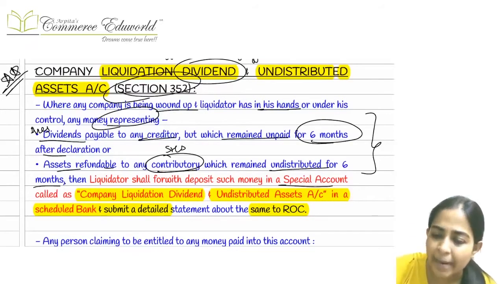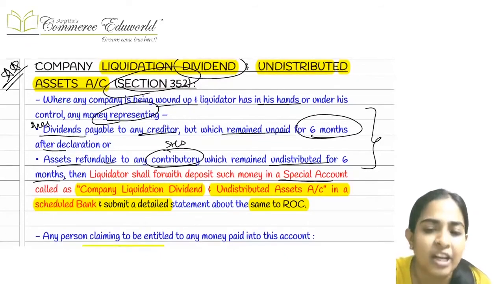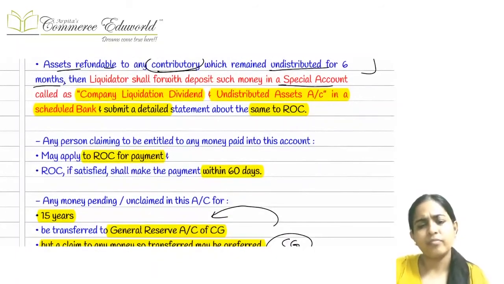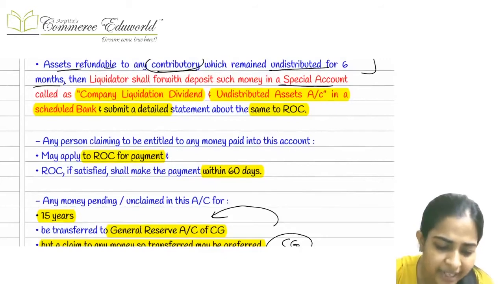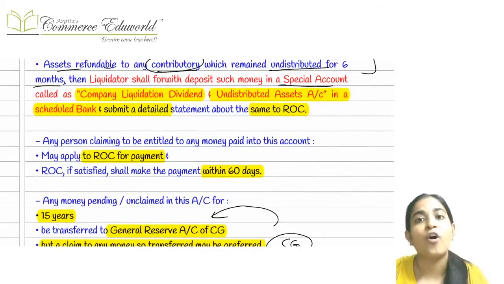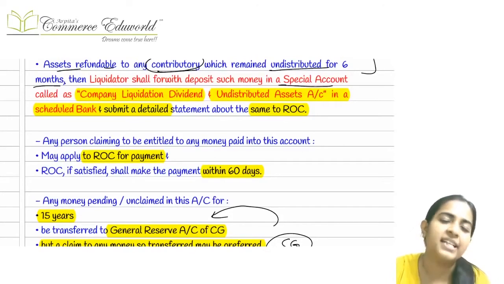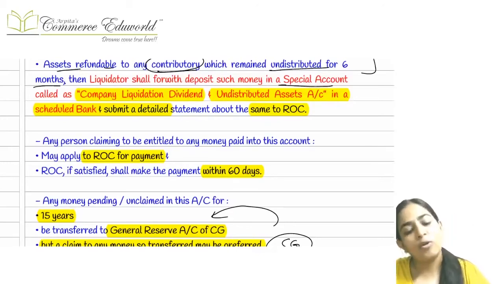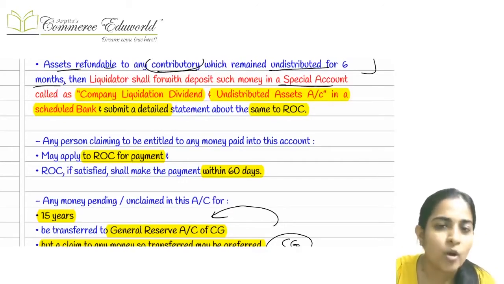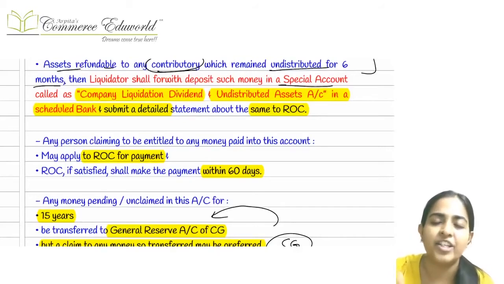The money will be kept in this particular account for a period of 15 years. If later on that creditor or the contributory comes into the picture and says that I want my money, then he can go and claim it from the ROC, because this company liquidation dividend and undistributed assets account is under the control of the ROC.